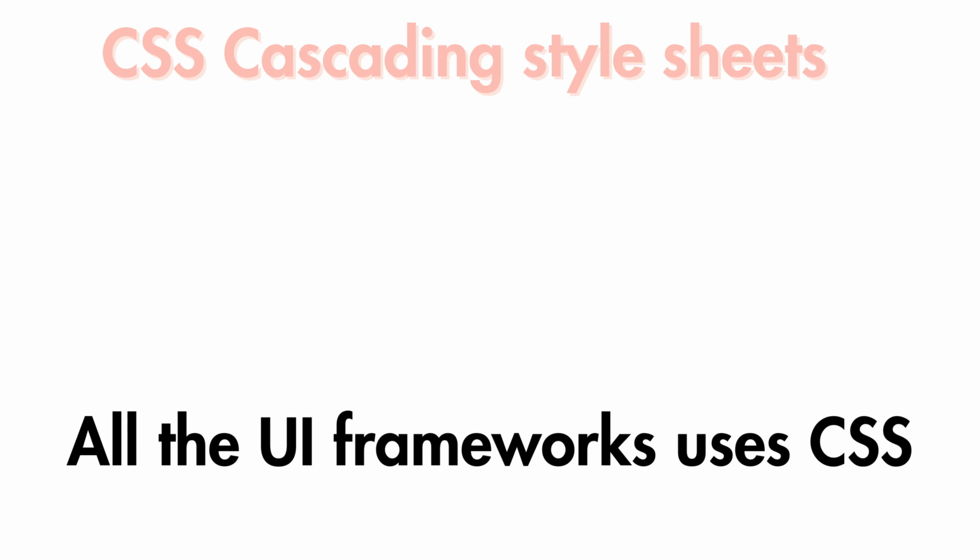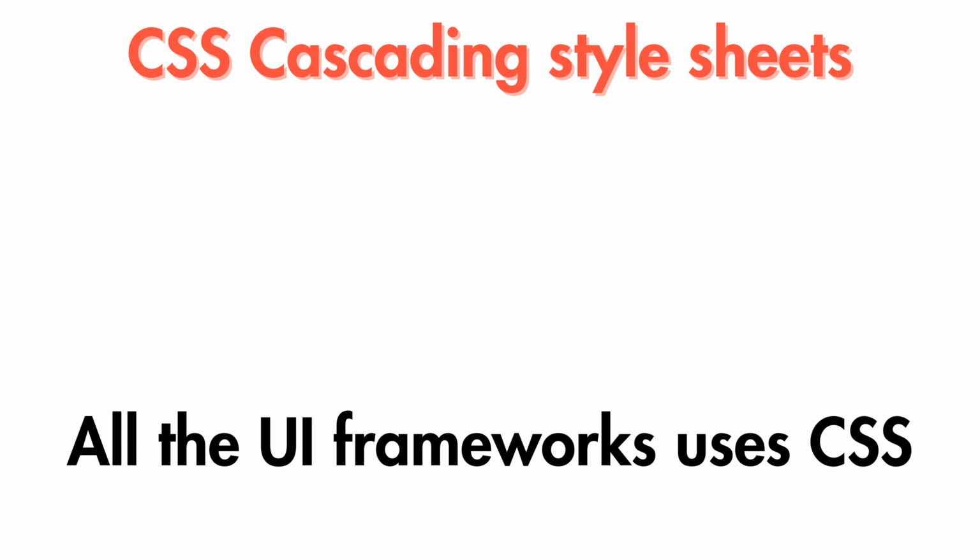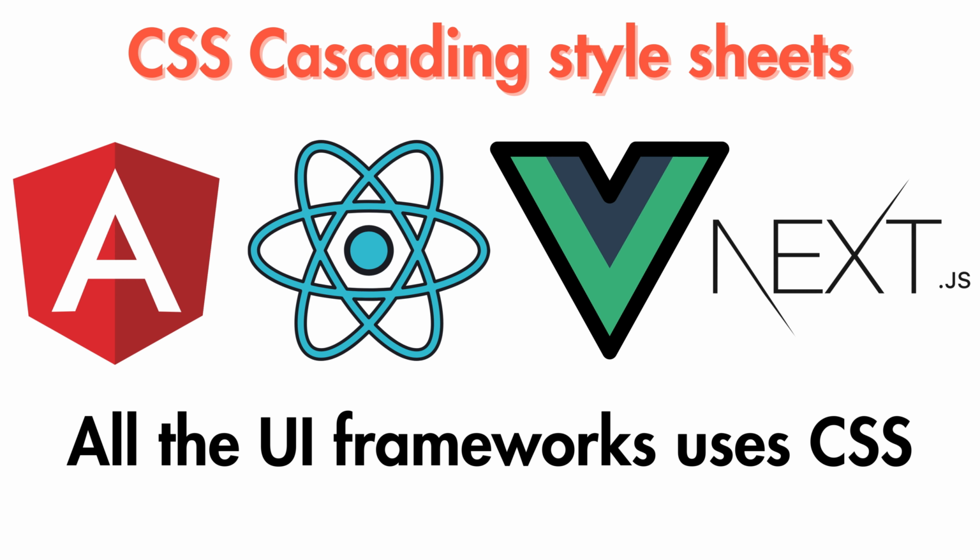All the modern frameworks like Angular or React or Vue.js or Next.js use CSS. So without learning CSS, you cannot work as a UI developer in any of these frameworks.